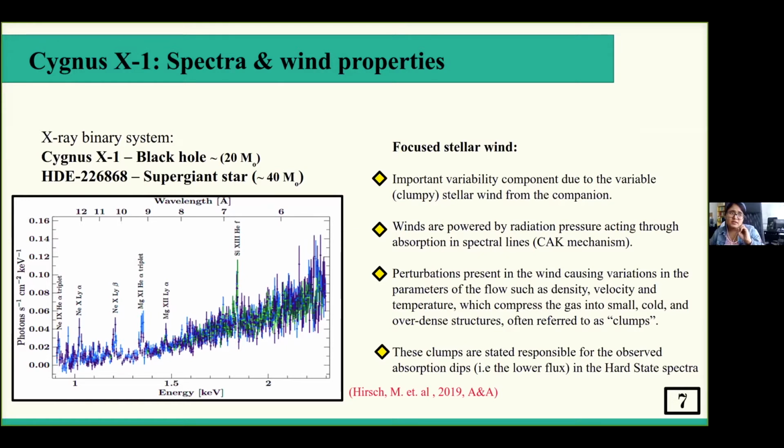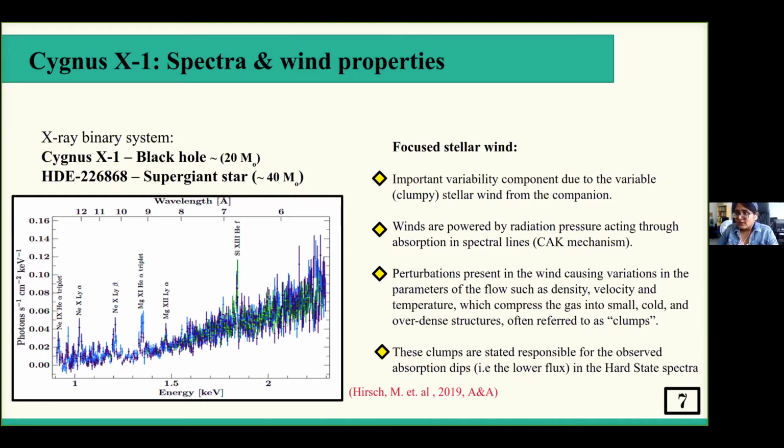These clumps are considered responsible for the observed absorption dips, that is, the lower flux in the hard state spectra. This figure shows a strong dip spectrum from observation, revealing emission lines from the photoionized zone around the black hole.